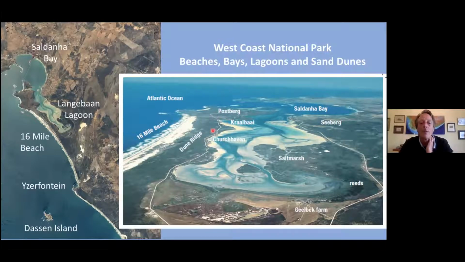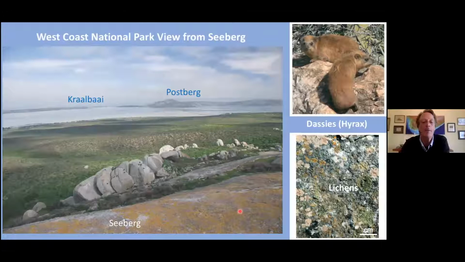We're going to look at some of the salt marsh communities here. Very rich, diverse area. I often recommend to people that they start at Seeberg because you can see well from there. Looking west, you can look over to Postberg, and these are the granite hills of Postberg, which is open during flower season. And then here's Kraalbaai, a popular picnic spot.